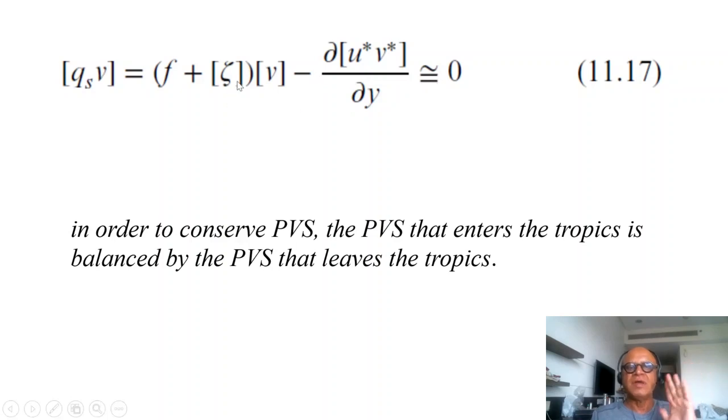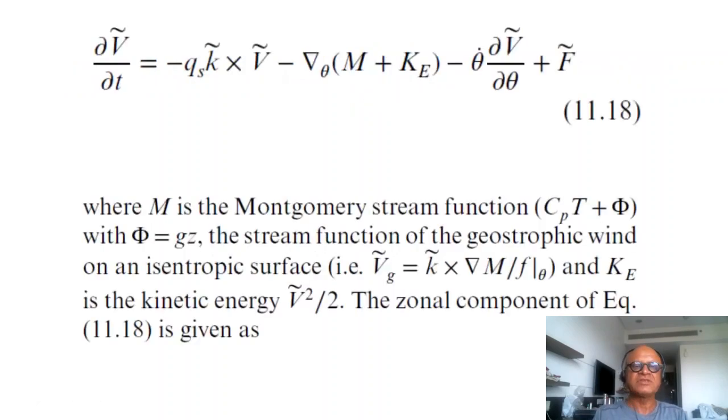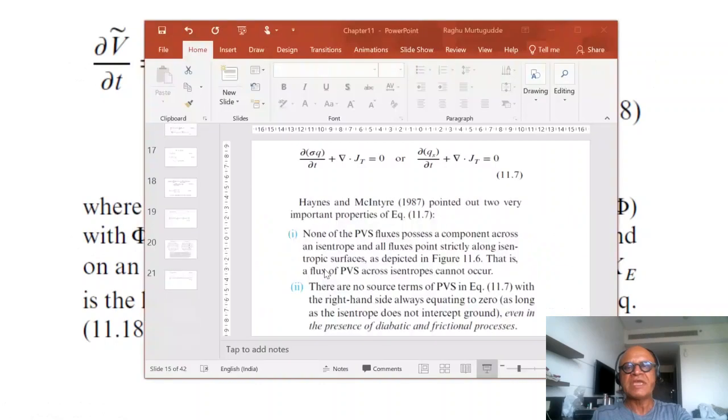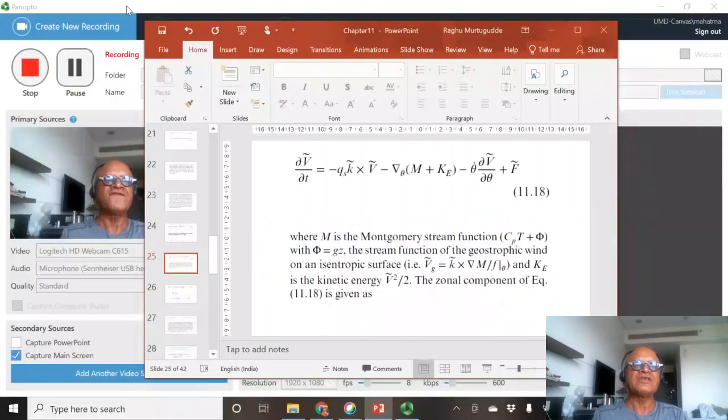So the Hadley cell component of the zonal mean circulation is doing the mean momentum transport, and then we have the eddy fluxes we have talked about so far compensating the northward flow. So in order to conserve potential vorticity substance, the PVS that enters the tropics is balanced by the PVS that leaves the tropics. So the equations seem complicated, but I hope you are just getting the physics of it.